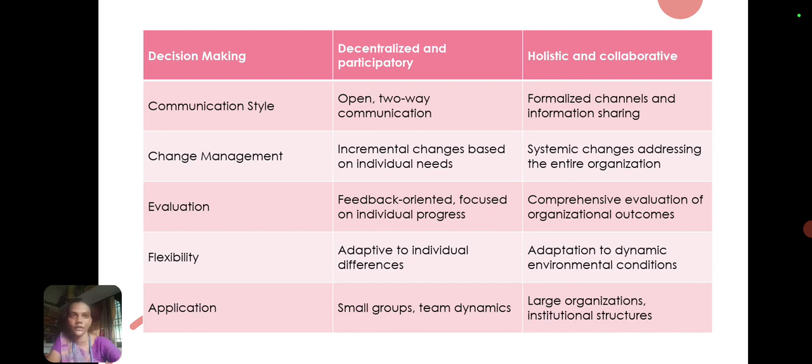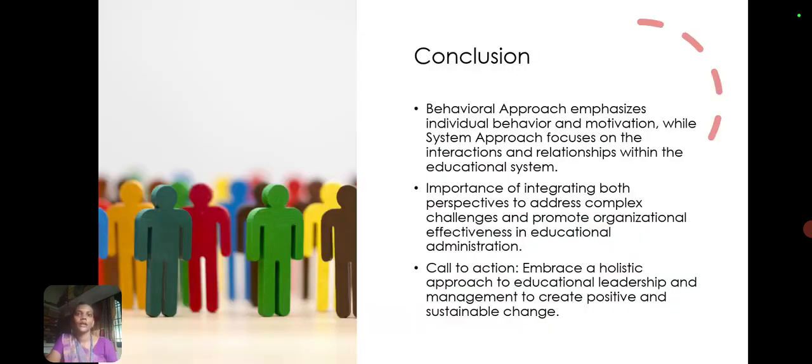So far we have seen the system approach and the behavioral approach. The behavioral approach is mainly focused on human behavior and motivation, while the system approach focuses on the interactions and relationships within an educational system.